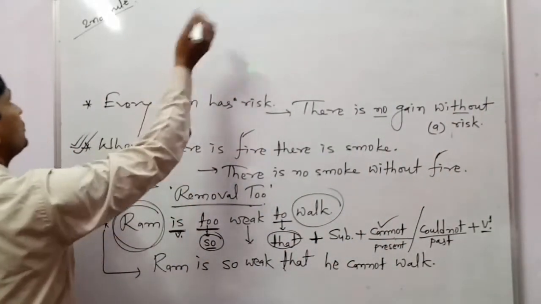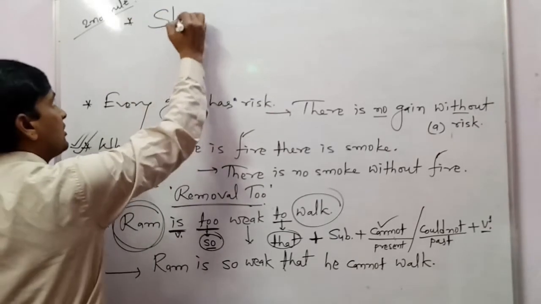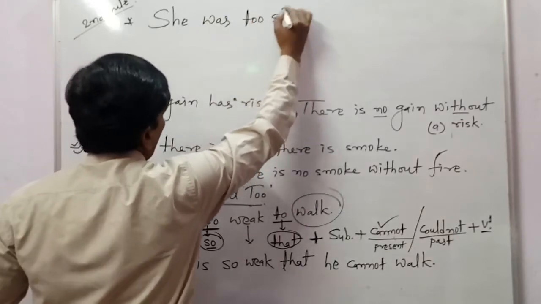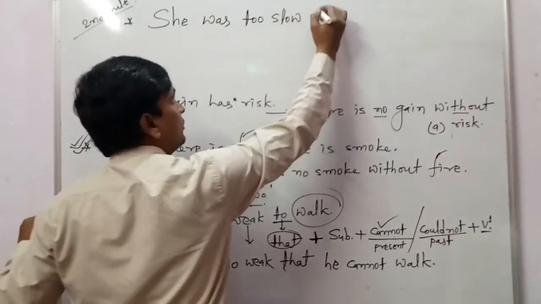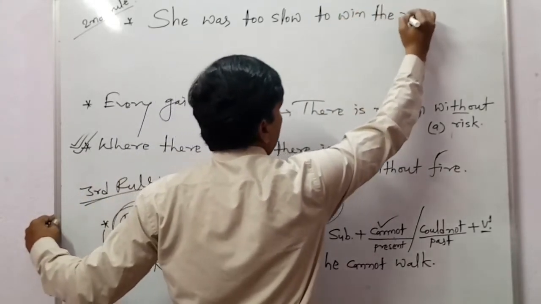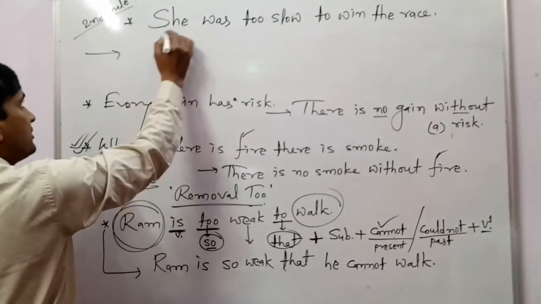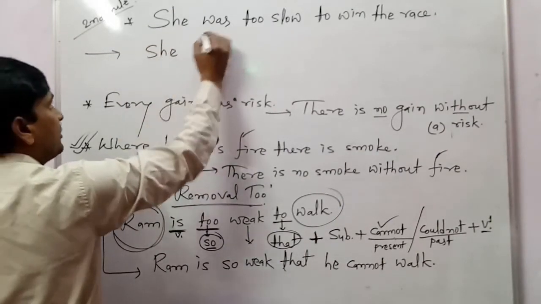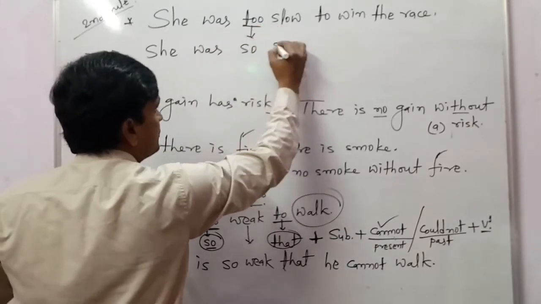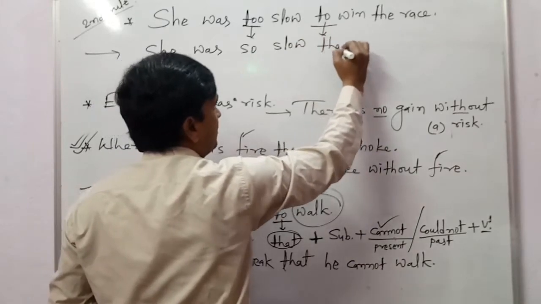So here I am going to write: she was too slow to win the race, right? Here it will be changed. She was so slow, this "too" into "so" and this "to" into "that".